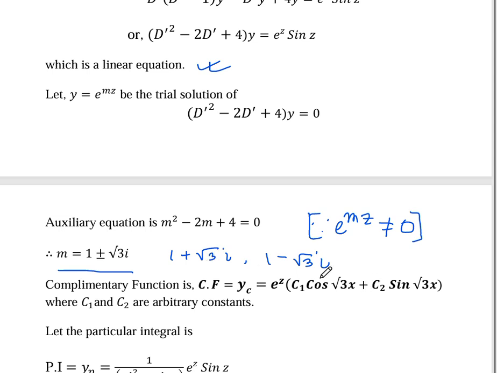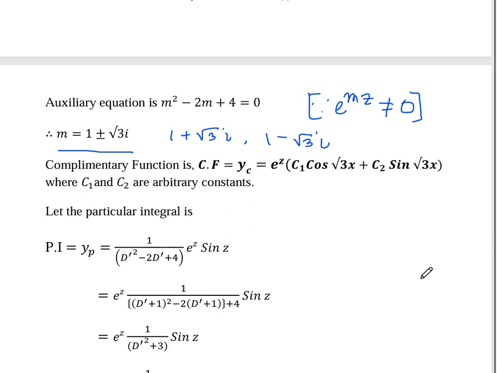Beta is root 3, so C1 cos root 3 x plus C2 sin root 3 x, where C1, C2 are arbitrary constants. Actually, here we should write it in terms of z, since we have taken e to the power mz, because y and z variables are present.